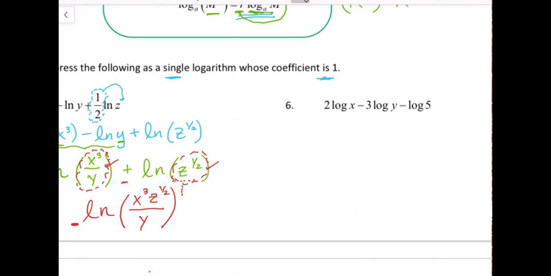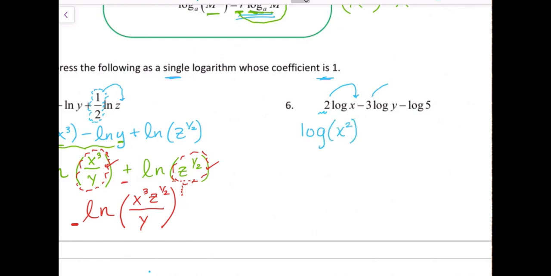Okay, first thing I want to do is pull in any coefficients out in front of my logarithm, but you're not going to pull in any negative coefficients. You only want to pull in the number that's in front, but leave any minus signs. We don't want to create negative exponents. So I'm going to pull my 2 in as a power on x, which is going to give me log of x squared.